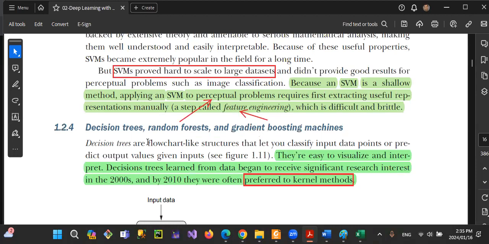But at the beginning, it was decision trees. Later, they started working on random forest. Why? Because the datasets were huge, and if you want to apply normal decision trees, it takes forever.